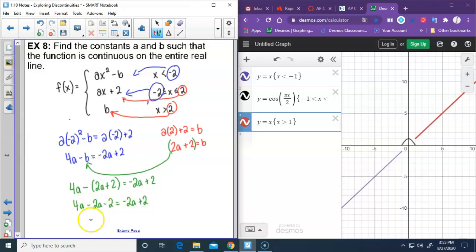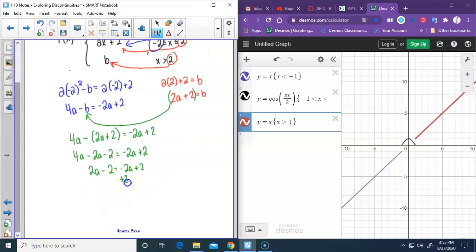And so 4a minus 2a is 2a, minus 2 equals negative 2a plus 2. We could add this 2a, and I'm going to go ahead and add this 2 over here. So we get 4a equals 4, and so a is going to equal 1. So we found our a value.